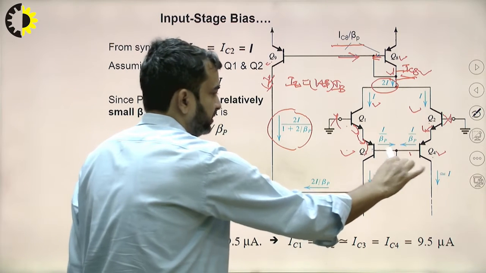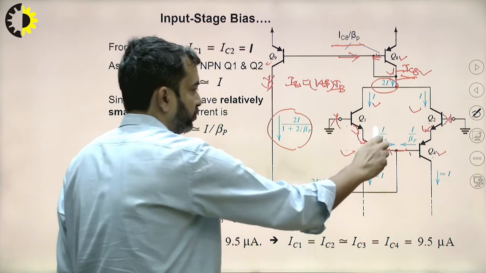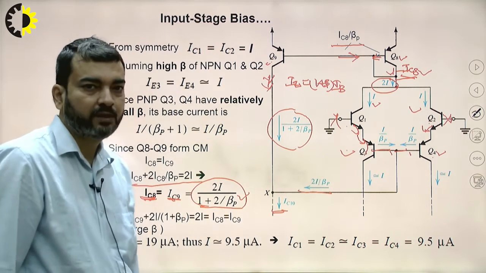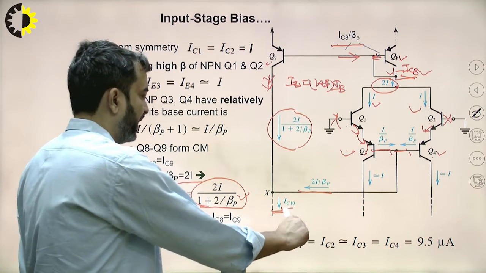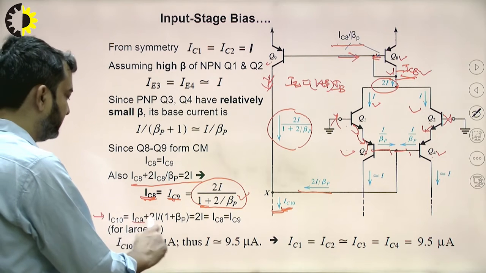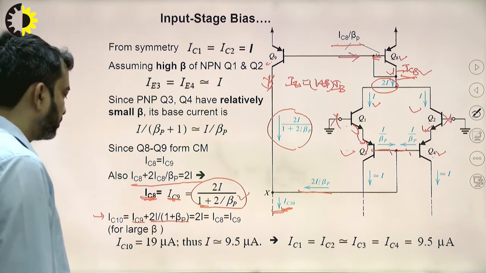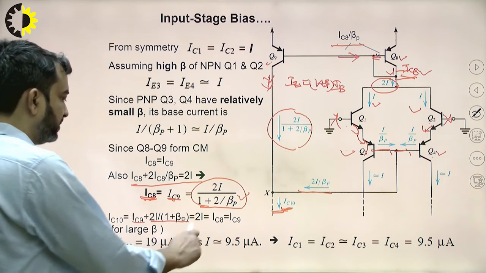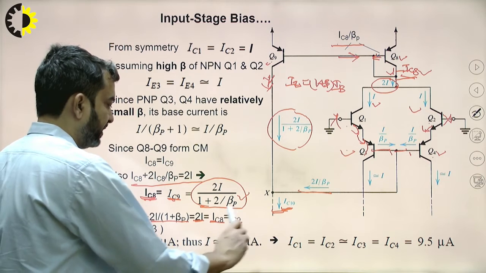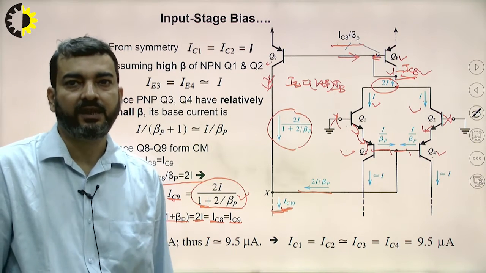We can see these two base currents are additive, so the current in this branch is 2 times I upon beta P. Summing these two currents, IC10 is equal to IC9 plus 2I upon beta P. Again assuming large beta, this is equal to 2I.